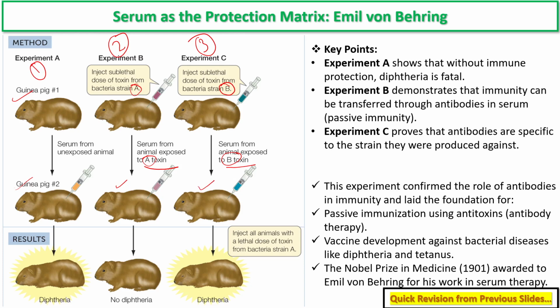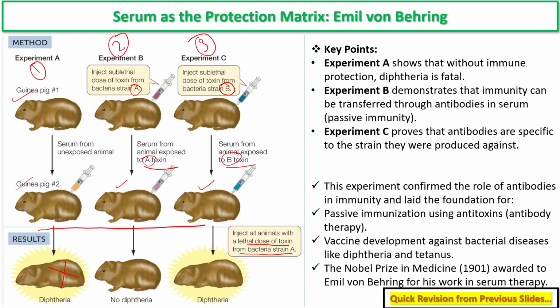Then he injected all the animals with a lethal dose of toxin from bacterial strain A. He observed that the first guinea pig died because it did not have any anti-sera in its body.